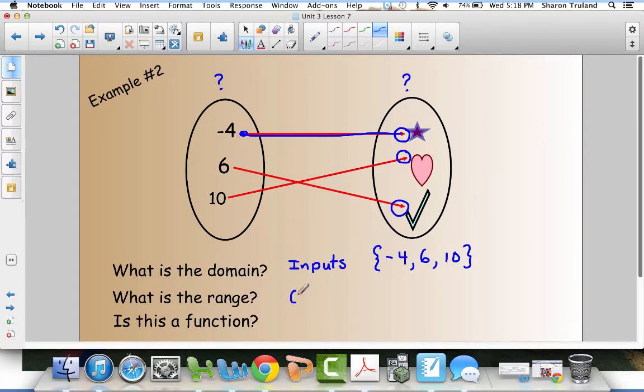And what comes out? What are my outputs? What's my range? Well, I can get a star, a heart, or a check mark. It's kind of like going to a candy machine. You input money and out comes candy.